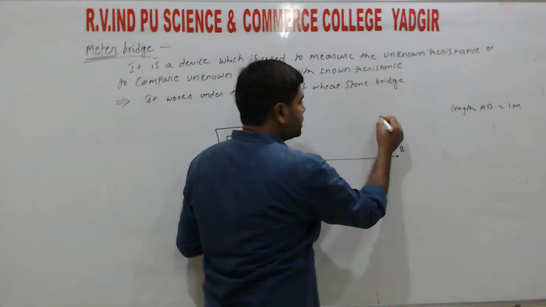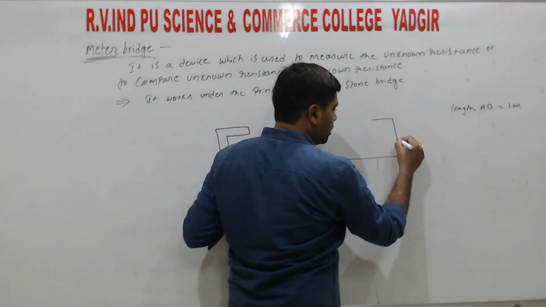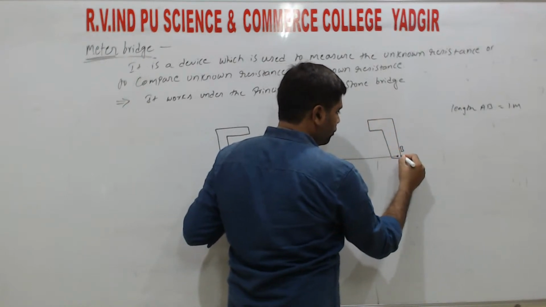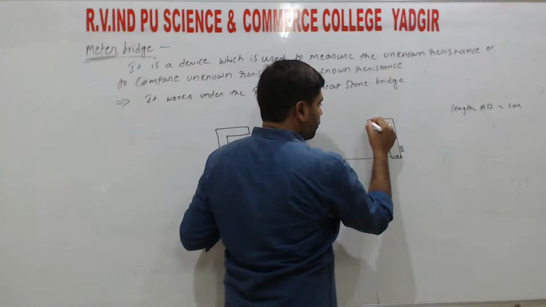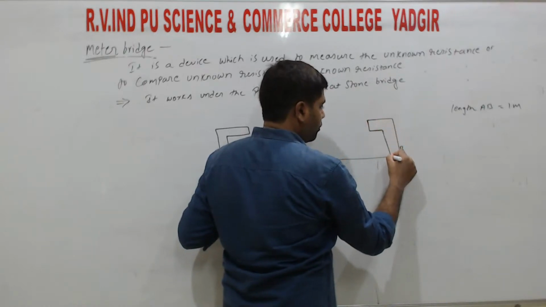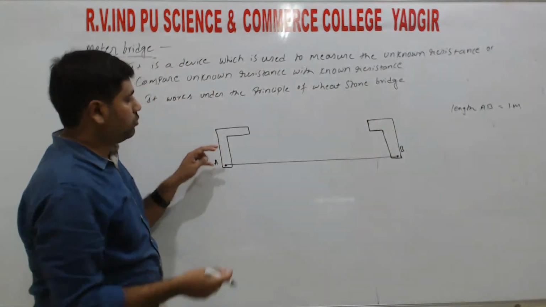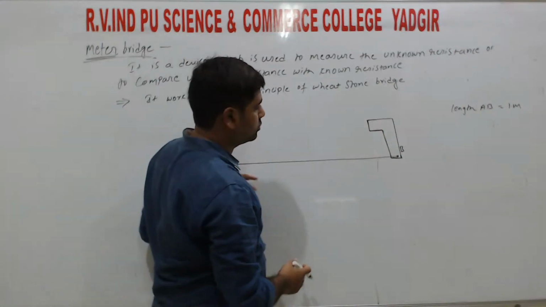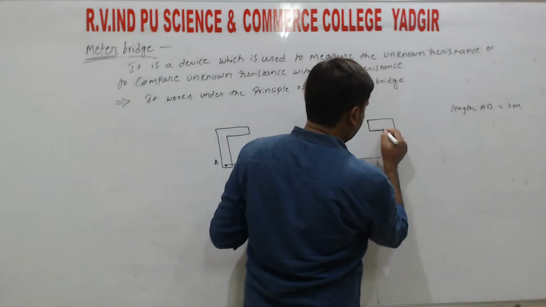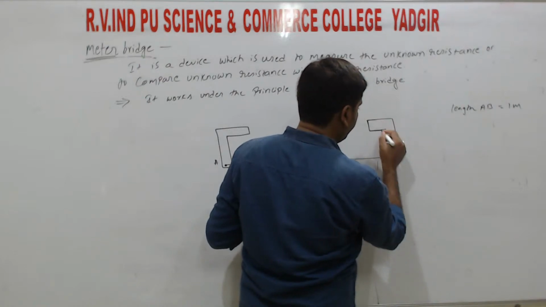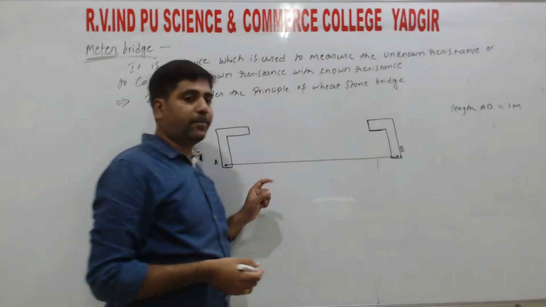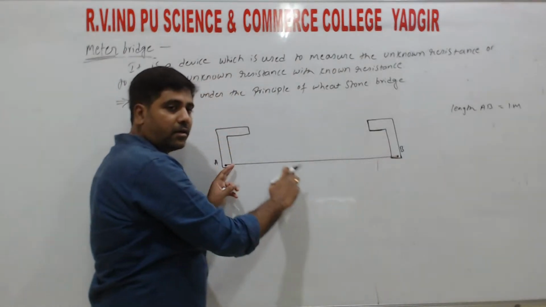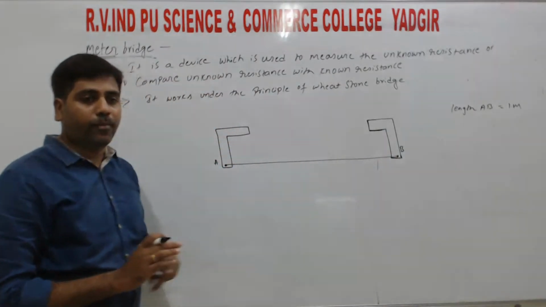Two L-shaped metal strips are connected at the two ends of the wire and mounted on a wooden bridge, right?